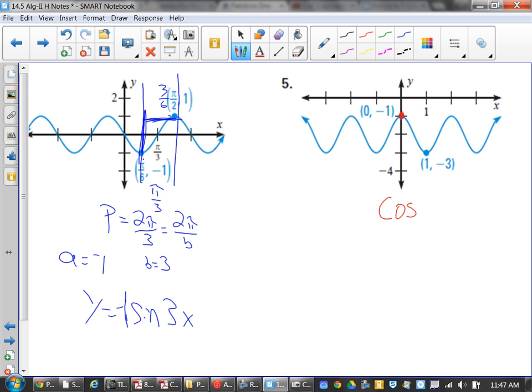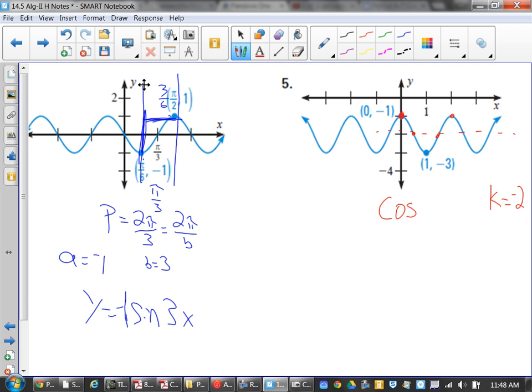Then it goes past the origin, down to the origin, and back up. So now I know that my origin here has to be at -2. So we know that there's a vertical shift of down 2. You're right. Your original origin would be at 0.